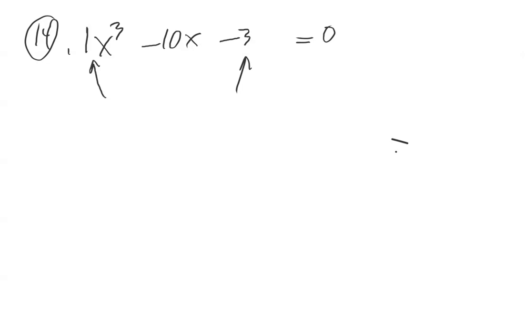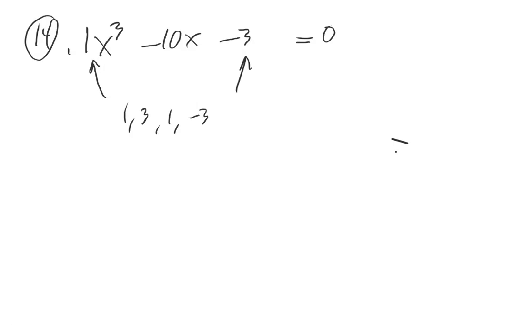Well, the only factors of 3 are 1 and 3, or positive 1 or negative 1 and negative 3. So there's only 4 possible answers that could be rational answers. There are also some irrational or imaginary answers that could be possible.